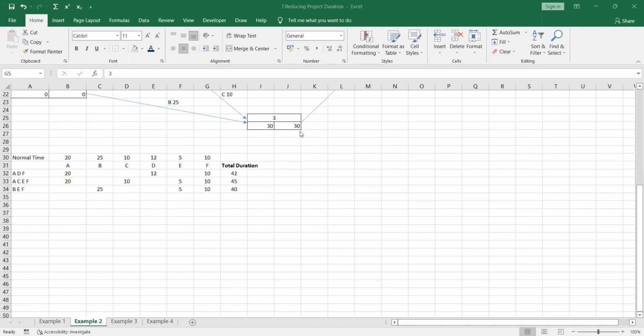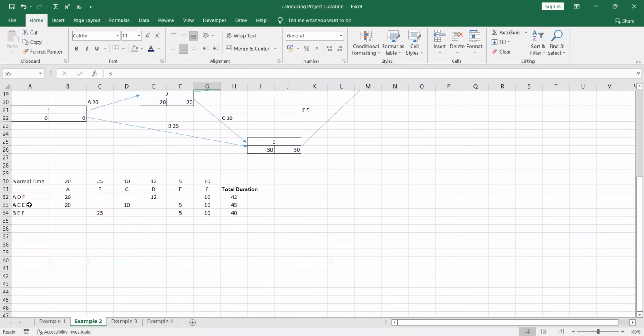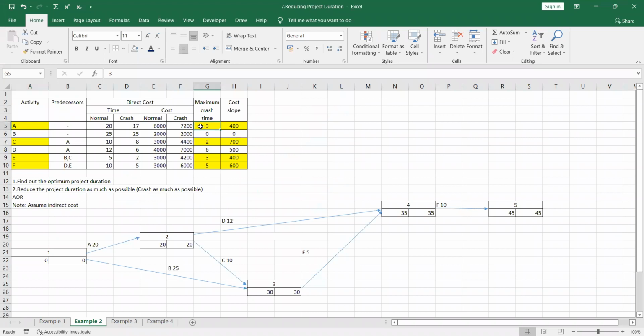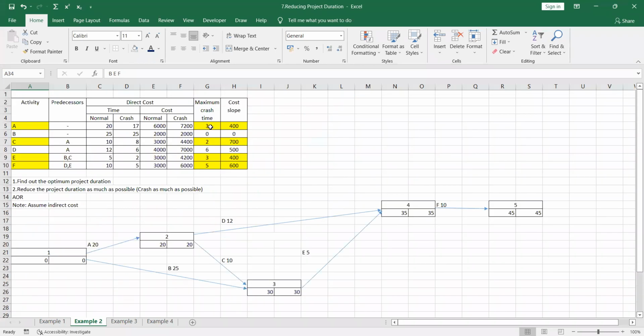Very good, Diane. Although we have the maximum crash time of 3 here, we are going to crash activity A by 1 day, because if we look at the 3 paths, one path does not have activity A. That means if we reduce activity A by 1 day, it is not good for the other path. දැන් පුතේ activity A එක අපි දවස් 3කින්ම crash කරන්න පුළුවන් වුණාට, paths 3 ගත්තම එක path එකක activity A එකක් නැහැ. ඒකයි අපි ඒක තුනකින්ම crash කරන්න යන්නේ නැහැ.